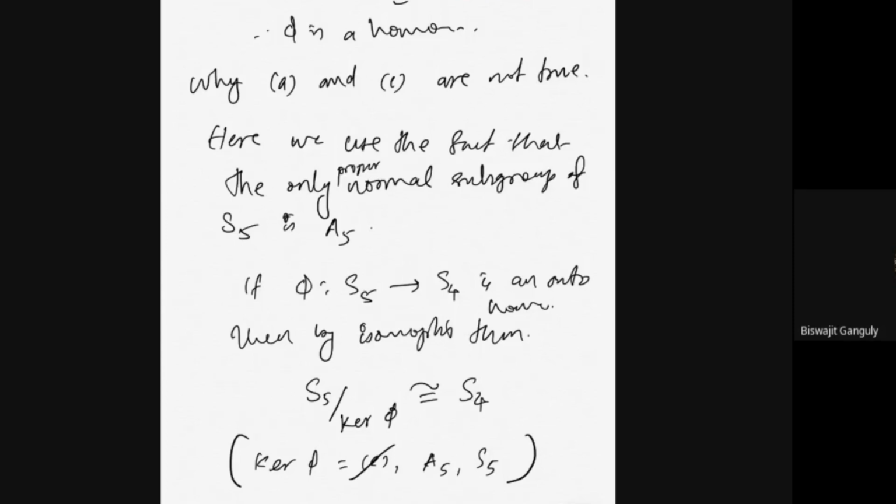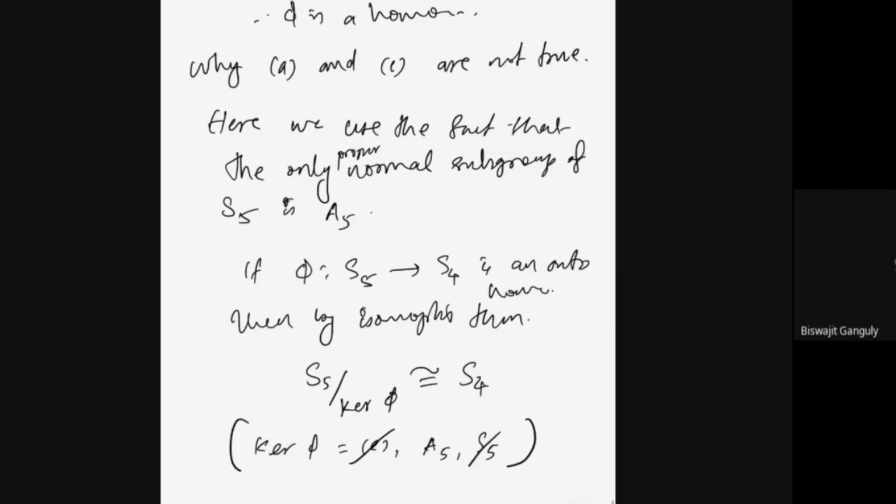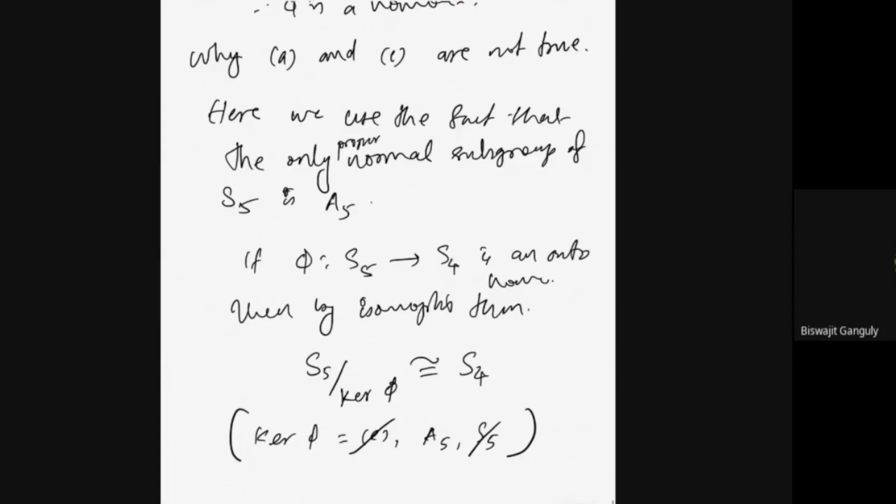It's also a non-zero homomorphism, so the kernel cannot be S5. So the kernel of phi must be A5.